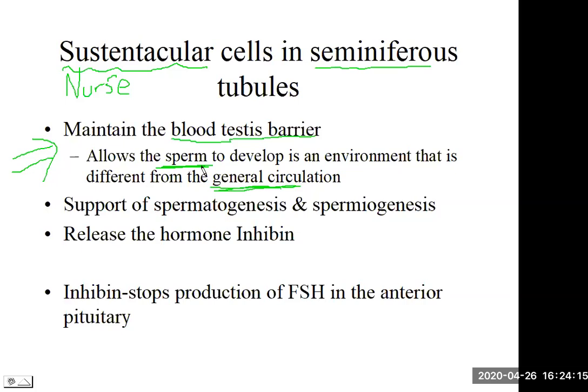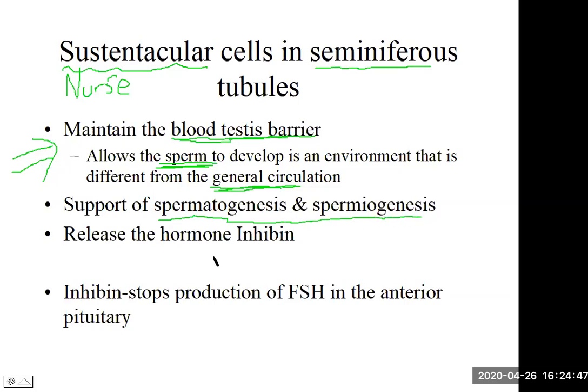So the immune system regards sperm cells as something foreign. It's a new type of cell that's never been in the body before. And to prevent the immune system from attacking the mature sperm cells, we need this blood testis barrier. And we'll go back to illustrate this point. By protecting the sperm cells from antibodies, this allows for the proper and full development of sperm cells.